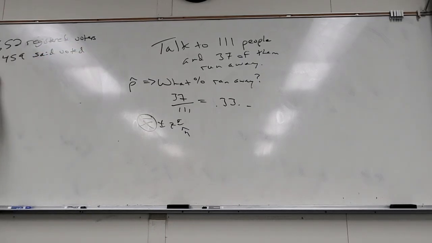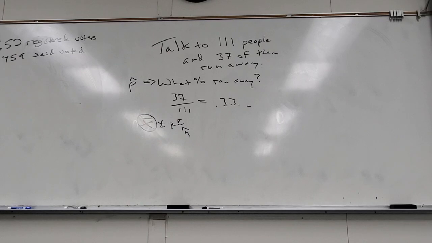P-hat would be just the percentage that did the thing, the percentage that voted. So 0.71.